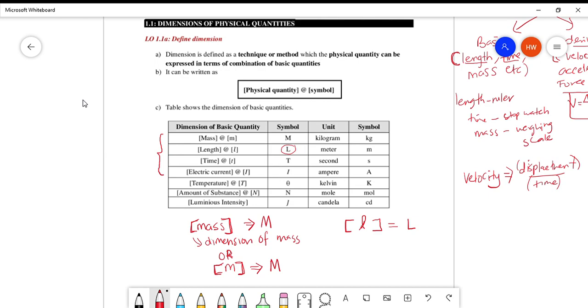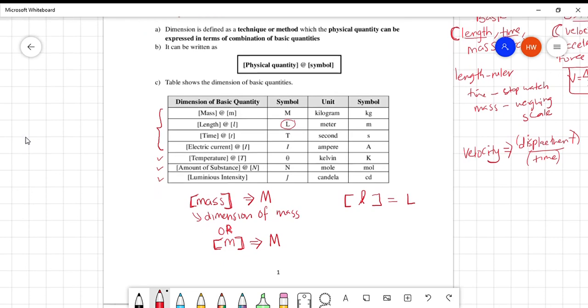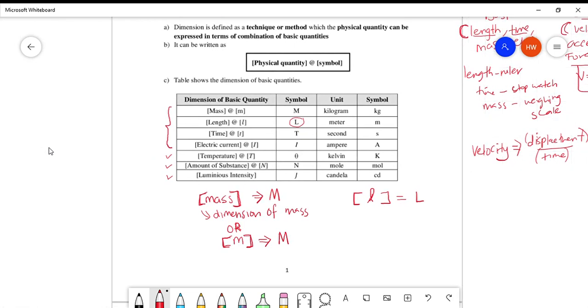The temperature, amount of substance, and luminous intensity, you're going to use more in semester 2. So moving forward, we're going to continue to the next subtopic.